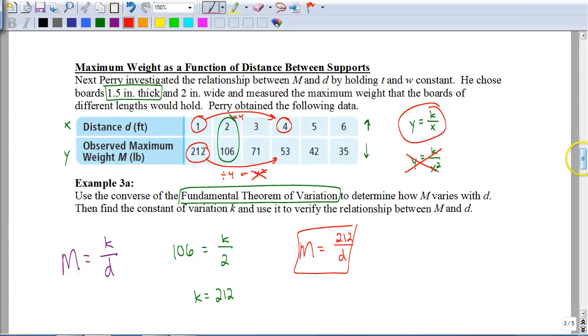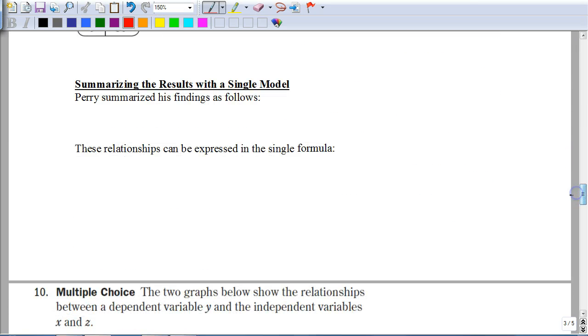So now let's put this all together. If we were to summarize our findings, remember we had m equals k times w, we had m equals k times t squared, and we just found m equals k divided by d.